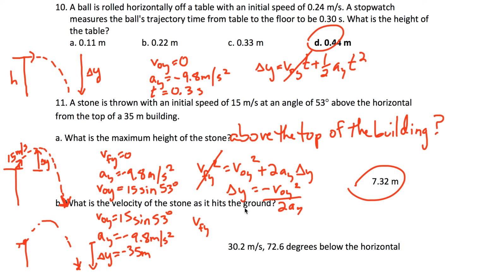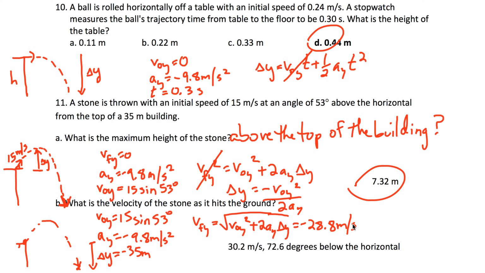So I'm going to use the same equation that we used up here, but this time when I solve for v final y, I'm going to take the square root of each side. And so I'm going to get the square root of v initial y squared plus 2ay delta y, the square root of all of that. And that's going to give me negative 28.8. It's negative since it's going down.